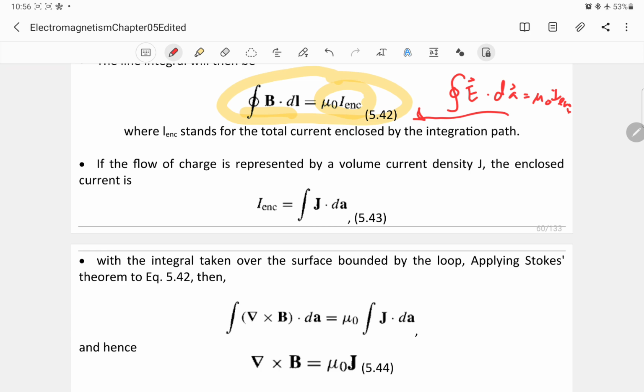In your magnetic field it's not dA but dl. In that case you're just enclosing the wires, or the bundle of electric currents, by a loop.